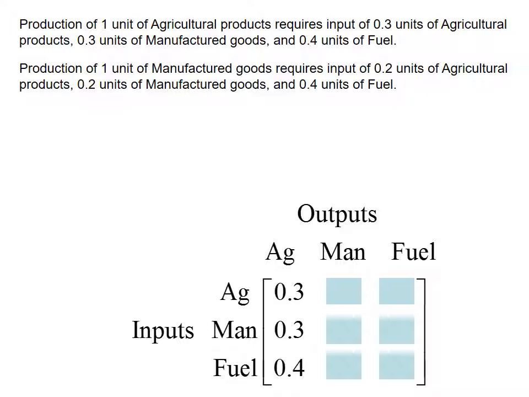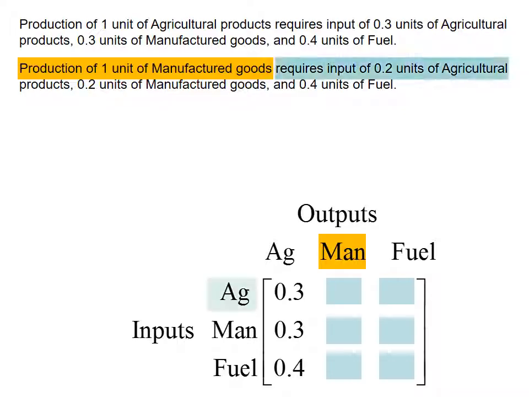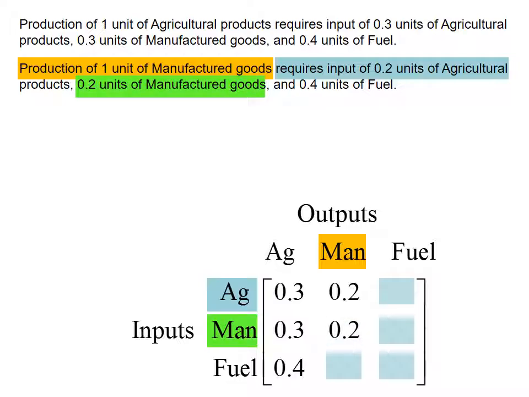Now similarly, this is telling us that production of manufactured goods, second column, takes an input from agriculture, first row, of 0.2 units, an input from manufactured goods of 0.2, and an input from fuels of 0.4.